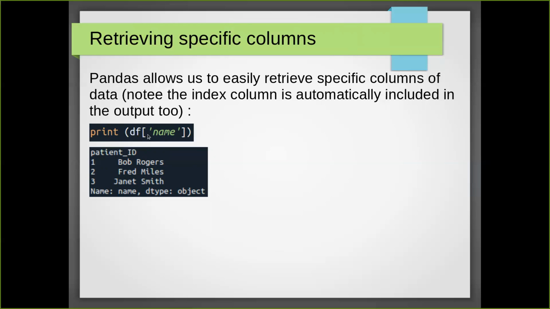We simply say df and then open our square brackets and then just simply give the name of the column that we want returned. So in this case, I want the column name. And if I print that, you'll see it returns the list of names in our data frame. You'll also note that the index column is automatically included in that output as well, which in this case we've set to patient ID.